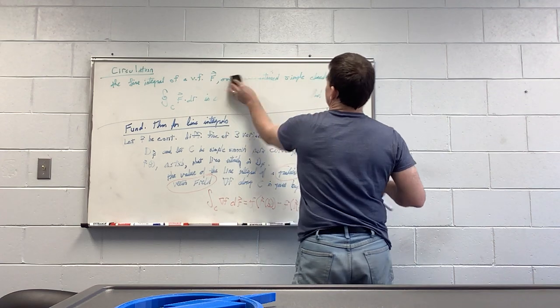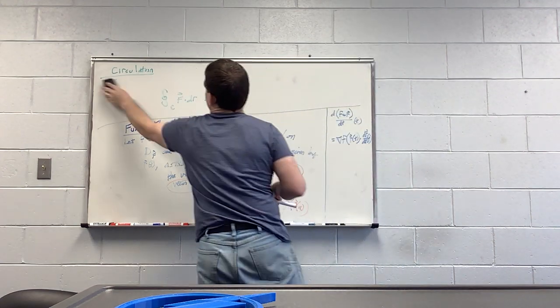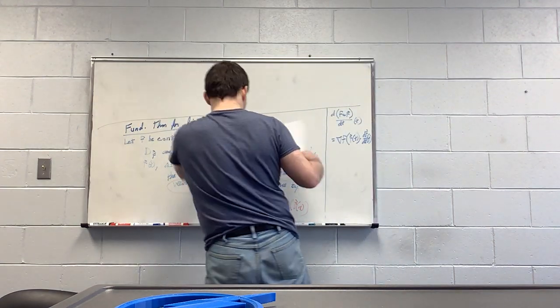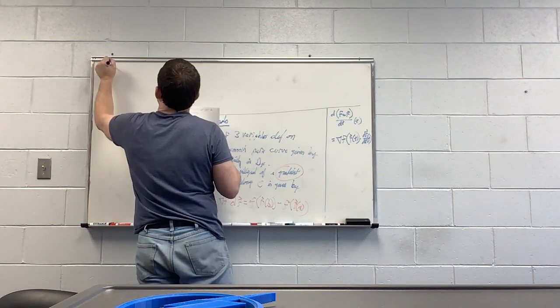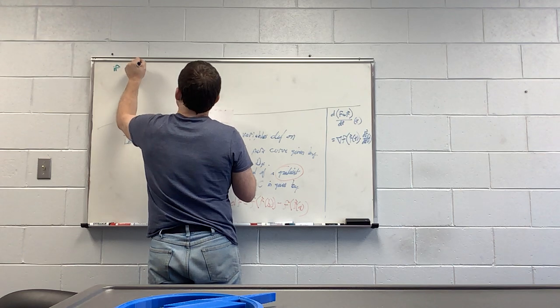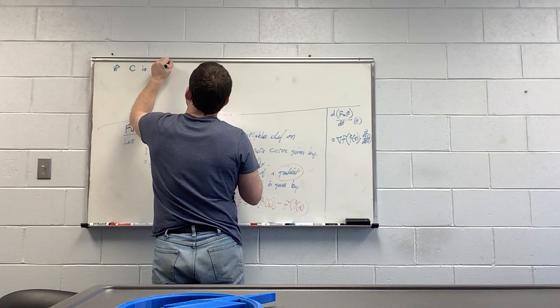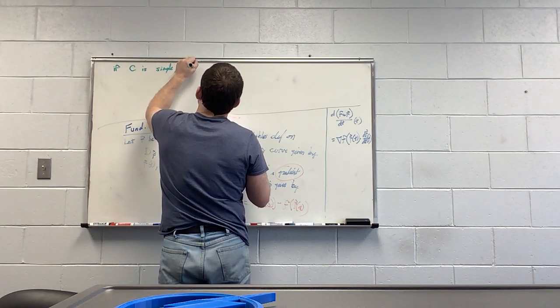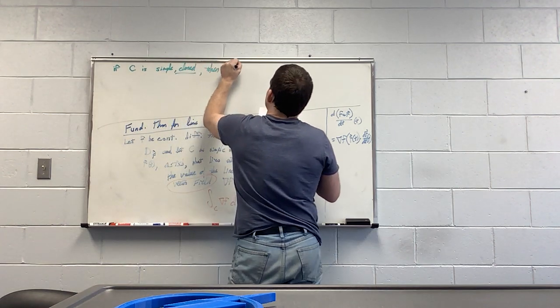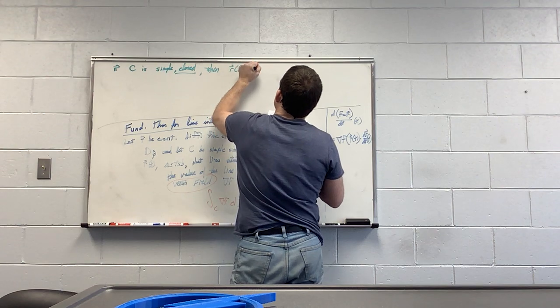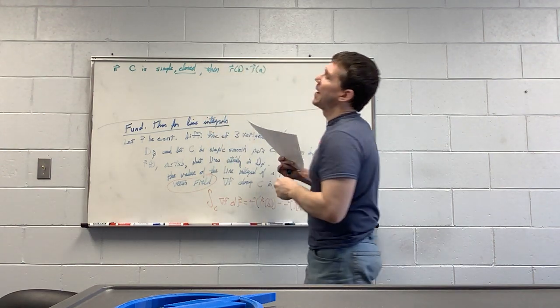But with that, we get a couple of other things. If C is simple closed, then r of b equals r of a.